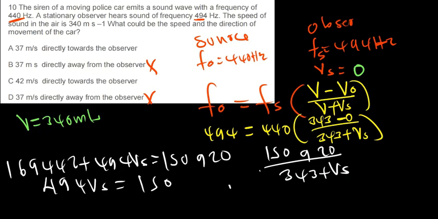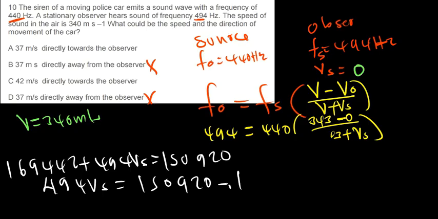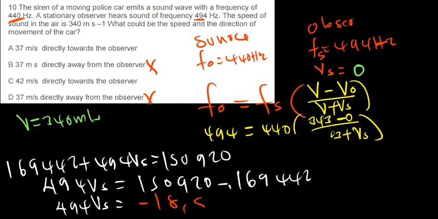I don't know if you're also following; if you have a calculator, you can help me punch. That gives negative 18,522.